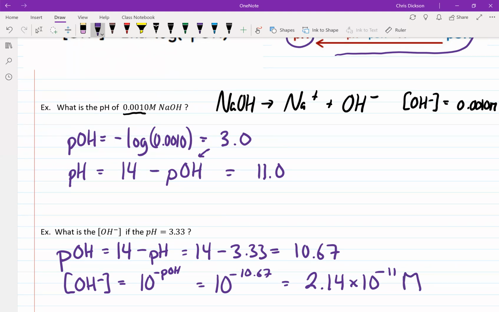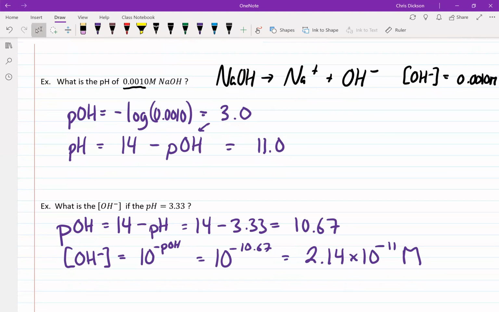So there's not a lot of hydroxide here. If you think about it, pH numbers below 7 are generally considered acidic. So a pH of 3.33 is acidic, and having a low concentration of hydroxide is an indicator of an acidic solution.